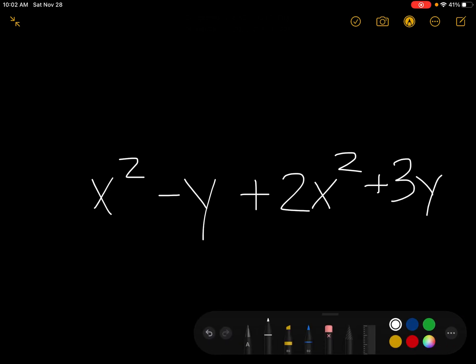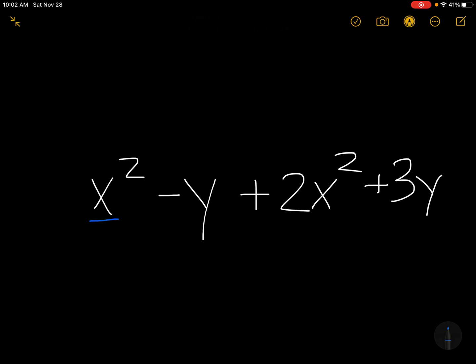So what we're going to do is go through it and see which of these actually match. The variable in this first term is x squared. No coefficient, no number in front of it. Are there any other x squareds in here? If we look to our third term, here's another x squared. So these two I'm going to be circling.